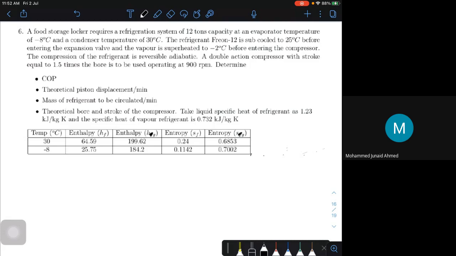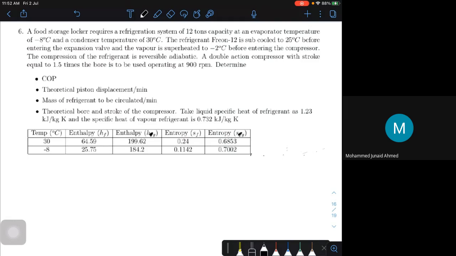Take specific heat of liquid as 1.23 kilojoules per kg Kelvin, and specific heat of vapor refrigerant as 0.732. All those things are given. They have given the temperature, enthalpy of fluid, enthalpy of vapor, entropy of fluid, entropy of vapor. So this is how they are going to give the problem statement.